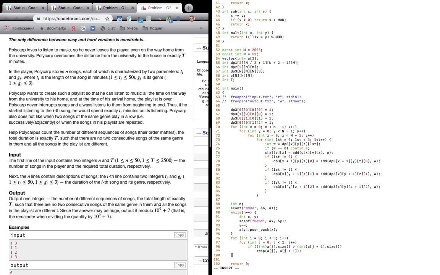Okay, now it's time to calculate DP1 and DP2.